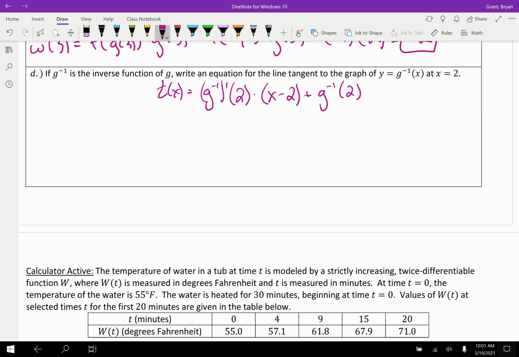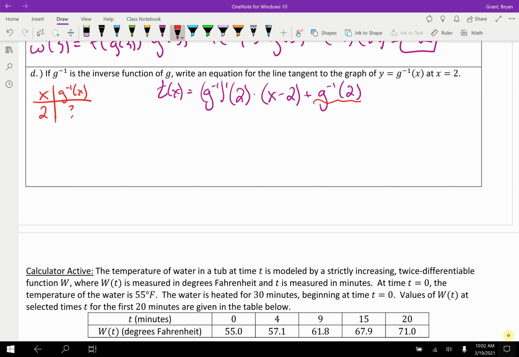Some of this isn't bad at all. g inverse of 2 is what I'm going to start with because we'll need that later on. To find g inverse of 2, I usually make a couple tables, saying we are inputting 2 and trying to find the output.